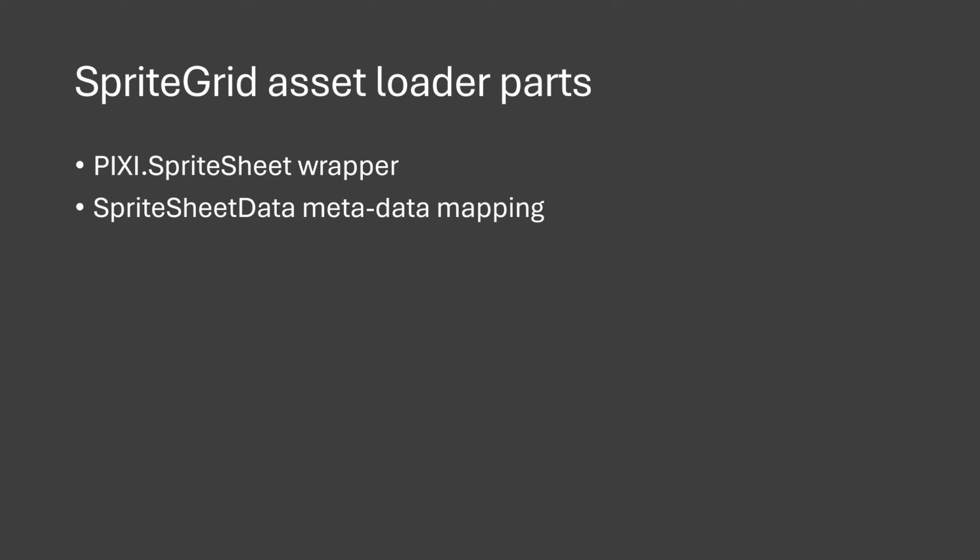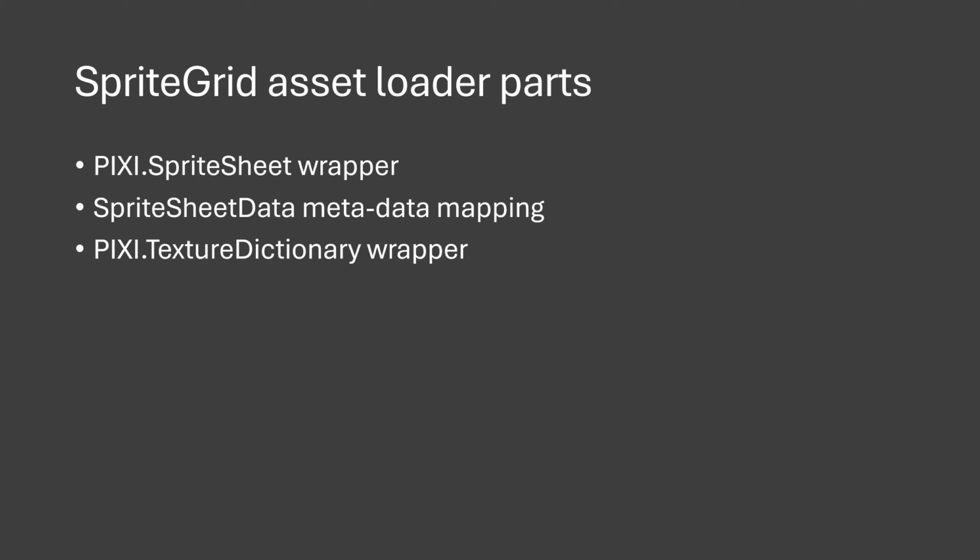So let's do that. Because the sprite sheet metadata has to be communicated to the sprite sheet object on the JavaScript side, we need to make the sprite sheet metadata properly serializable for Pixi.js to correctly read it and use it. So we'll see how that is done.